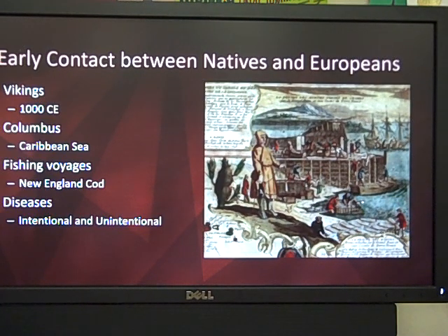In fact, the only disease that we think might have originated in North America is syphilis. The first recorded syphilis outbreak in Europe occurs in the late 1490s in Italy. And so there's a belief that maybe the Italians had gotten it from the French, who got it from the Spanish, who got it from natives.